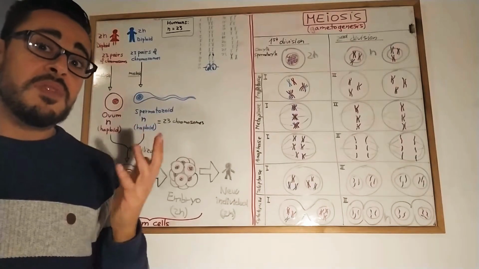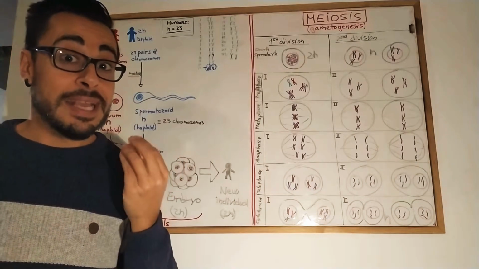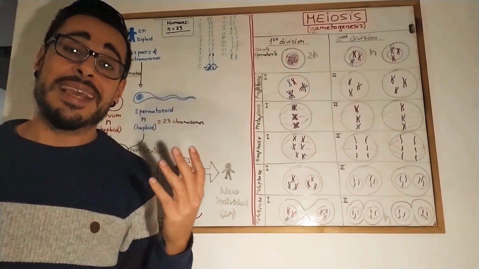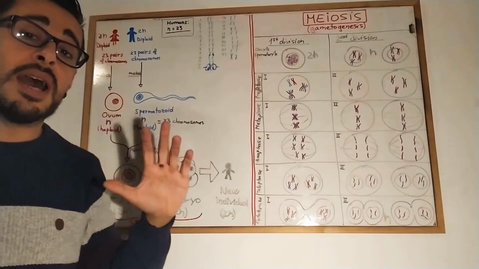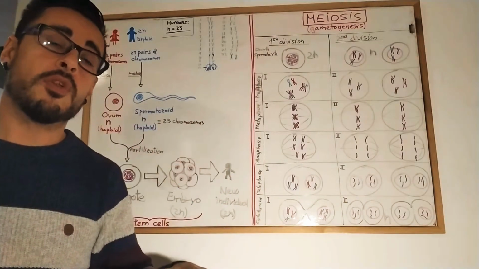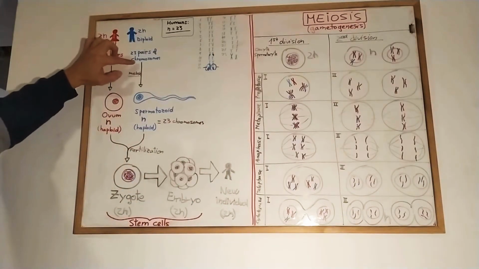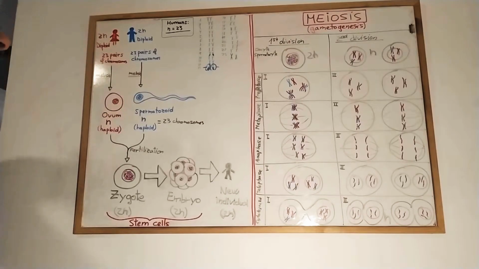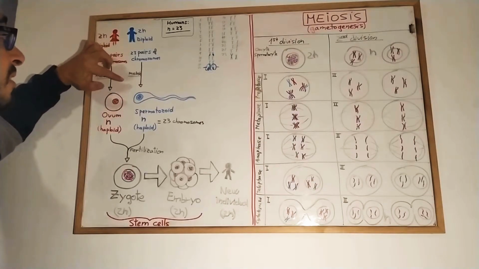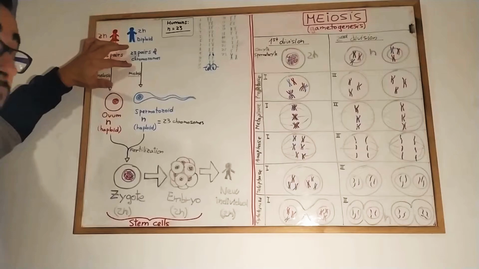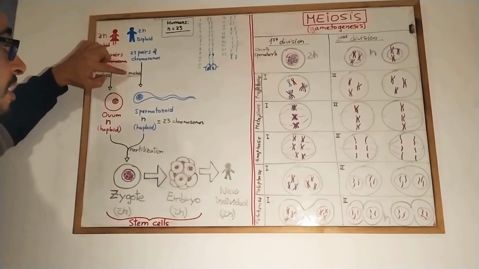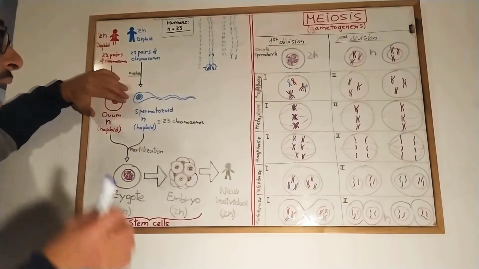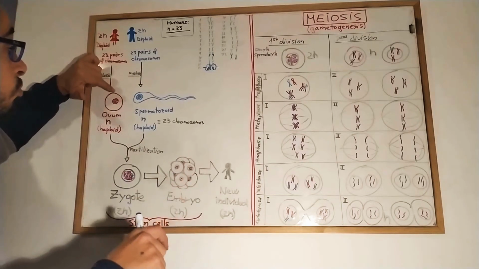When we produce gametes, ova and spermatozoa, those gametes are going to have half of the chromosomes. The cells that are specialized in producing gametes are going to divide in a process called meiosis, and they are going to halve the number of chromosomes.